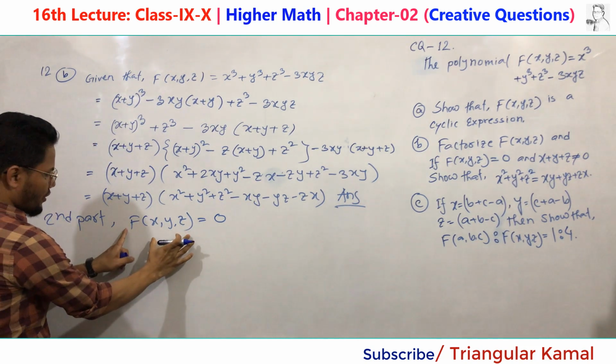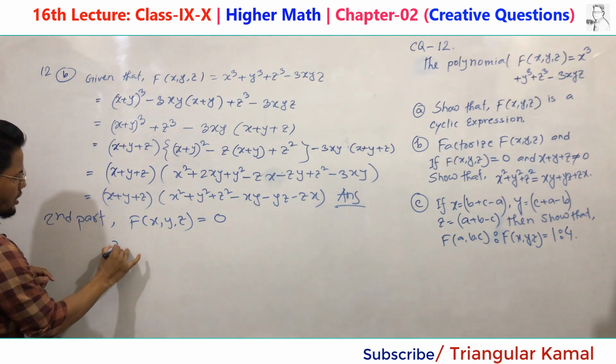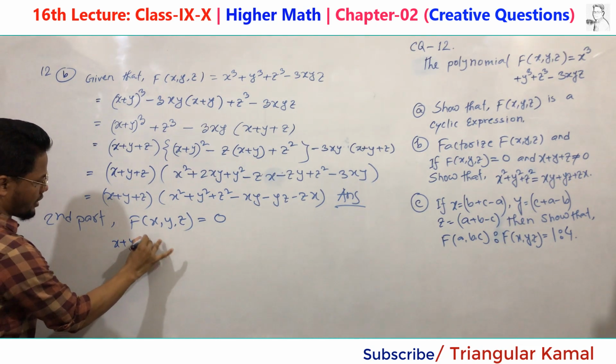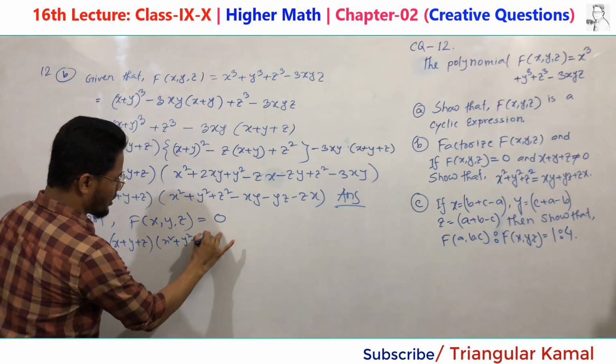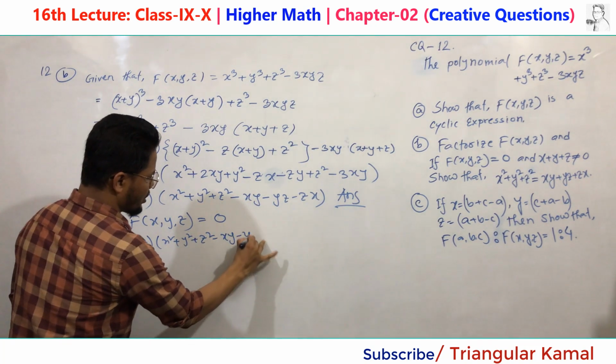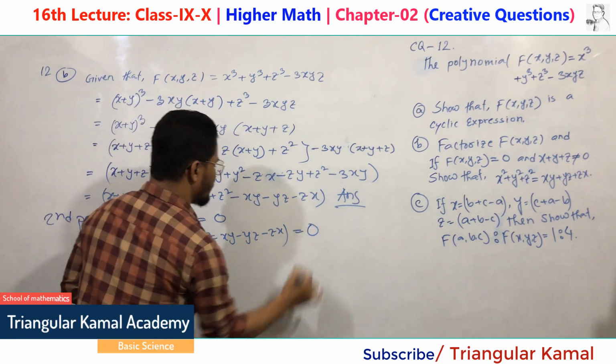So just you can find the left side two factors of this one from the first part: x plus y plus z, then x square plus y square plus z square minus xy minus yz minus zx, and this one equals 0.